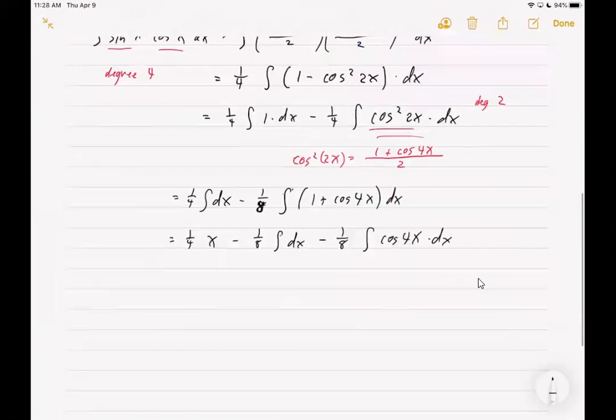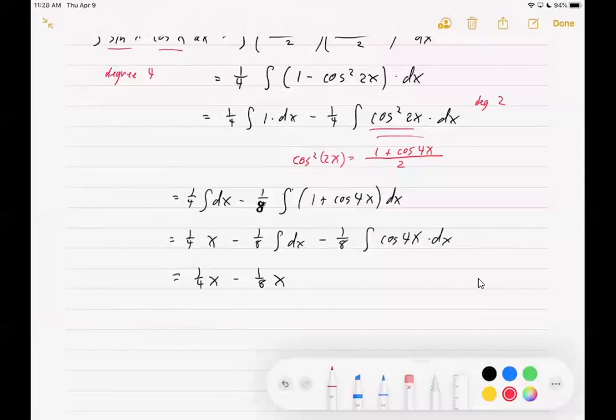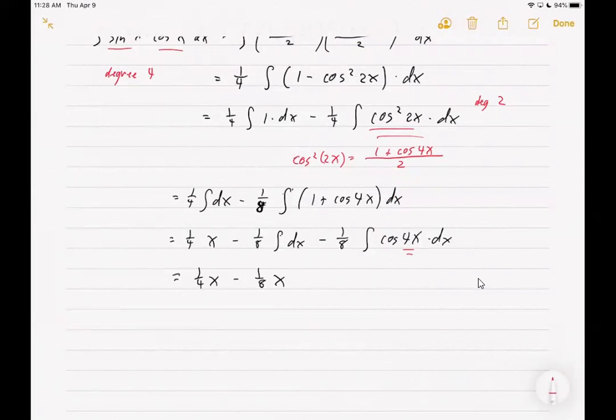Okay, so let's keep going with this. So I have 1/4 x. Clearly this is minus 1/8 x, or hopefully that's clear. So when you integrate dx, you just get x. That's really 1 dx. And then we have to figure out how to integrate this. Well, this is a quick chain. Notice we have a 4x here, so we better get 1/4 of what the antiderivative would be.